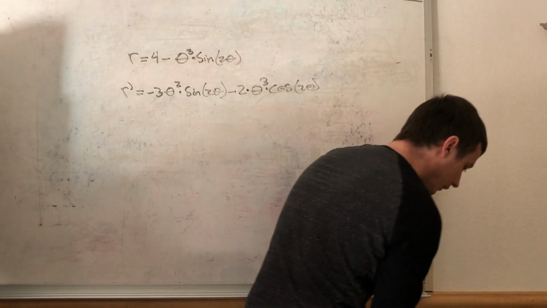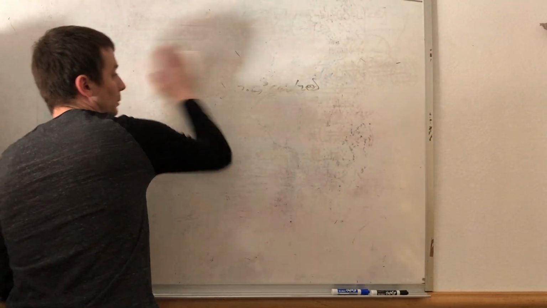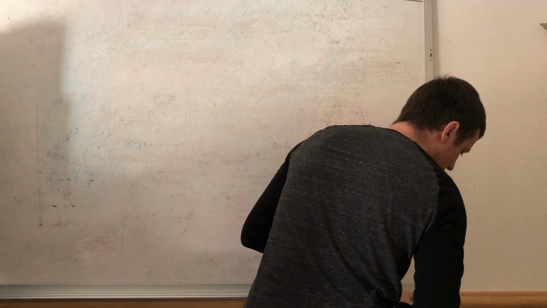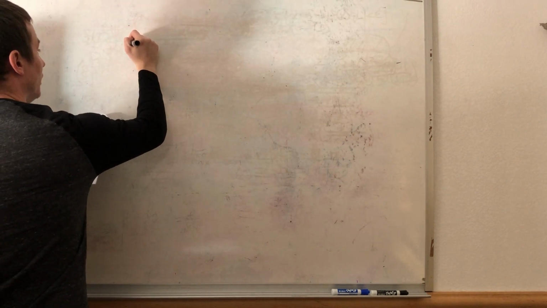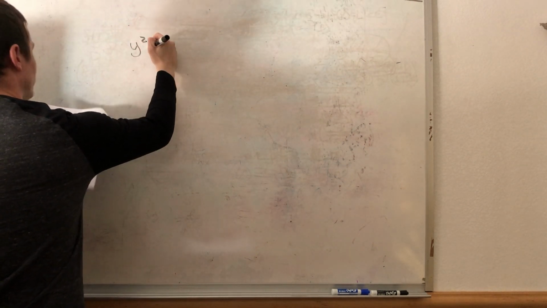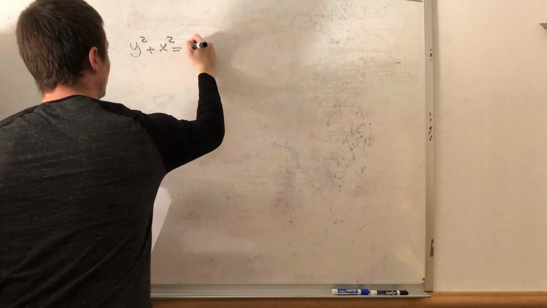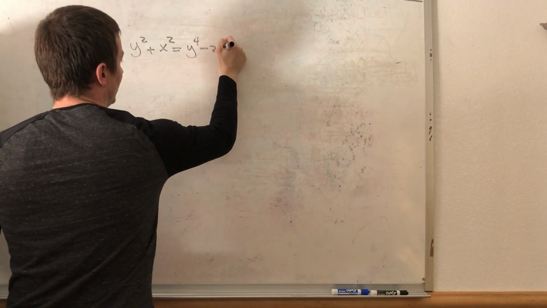Next, it gives us a function, and our job is just to find the slope of the function at 2 separate points. And our function's a little bit more convoluted. So here's our expression, y squared plus x squared is equal to y to the 4th minus 2x.